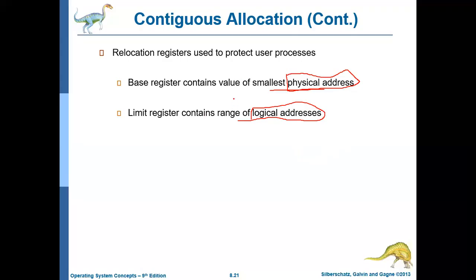Whereas the limit register contains the range of logical addresses. This is not a physical address. It is a logical, relative, relocatable address, logical with respect to the actual physical address.